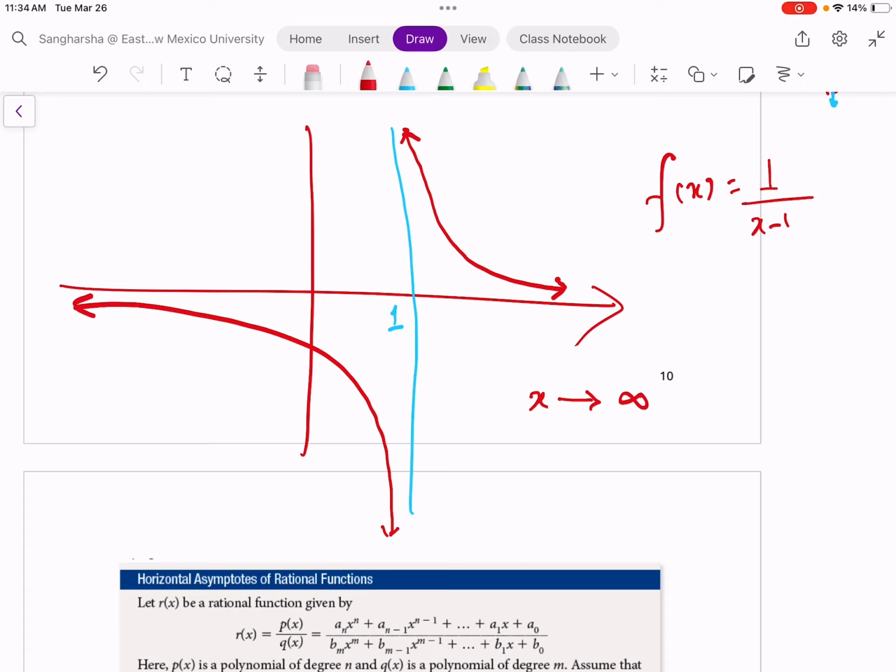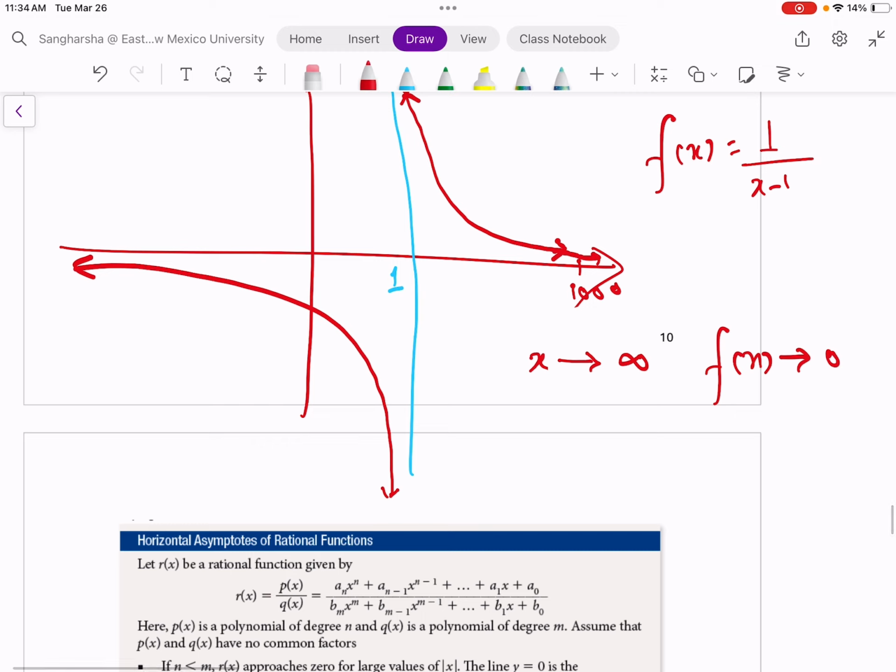And what is that number? That is close to 0. It's not 0. When we take a number like 1000 here, we get an output very close to 0. It means it's not equal to 0, but it is very close to 0. Our f of x is very close to 0.